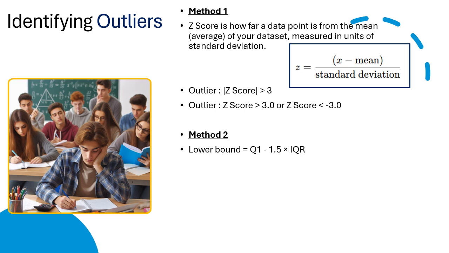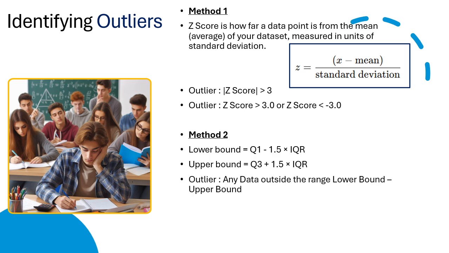So you subtract this value from Q1, and the upper bound is Q3 plus 1.5 times the IQR. So what is an outlier? An outlier is any data outside the range between the lower bound and the upper bound. And the last method is much faster. Basically, it is the same as the IQR method, but using the Excel Box Plot or Box and Whisker chart, it will be faster.